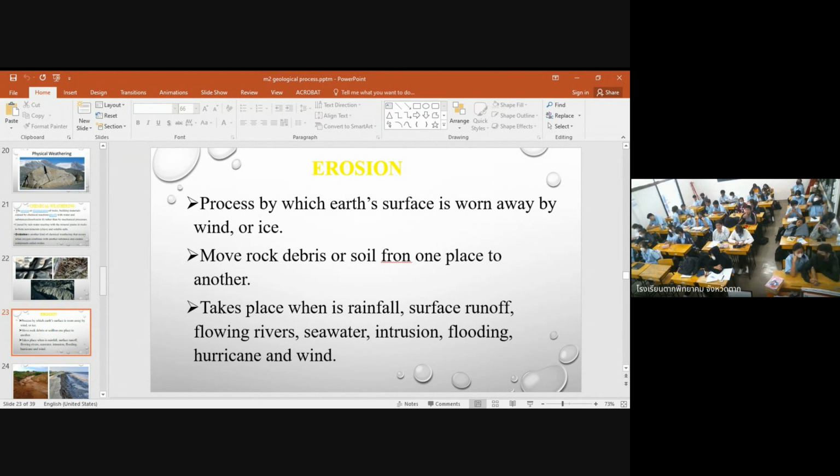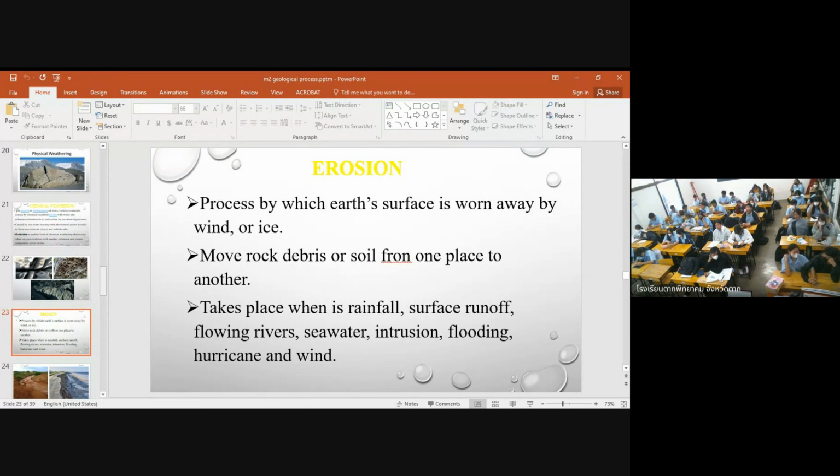It takes place through rainfall, surface runoff, flowing rivers, seawater intrusion, flooding, hurricanes, and wind. Are you familiar with this, right? When we say rainfall, of course, rain; flowing of rivers; of course, seawater, the impact of the waves on the rock.